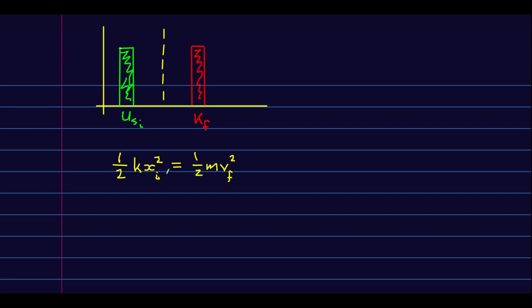But remember, I set things up so that we are launching this mass from the moment where it's at rest, and so x_i is going to be equal to the amplitude of the motion. And similarly, this moment here represents the time when it's going through equilibrium, and that's when the kinetic energy is as big as it can be, and so v_f must be v_max.